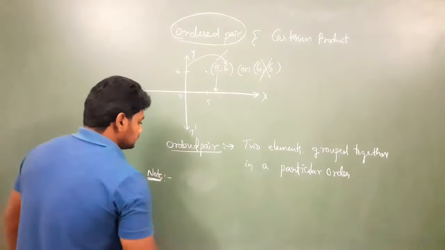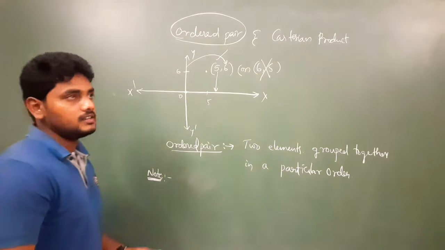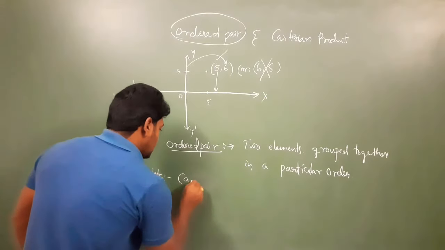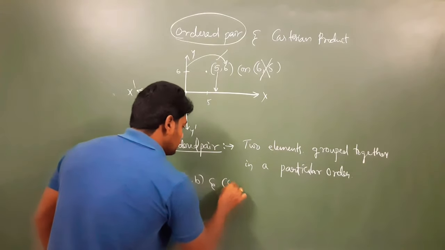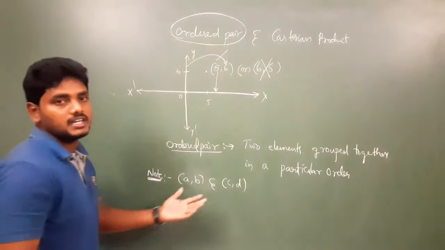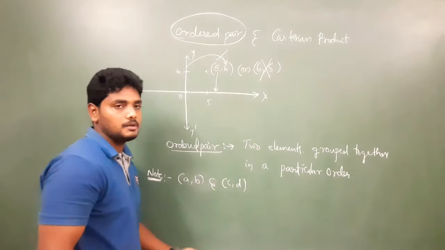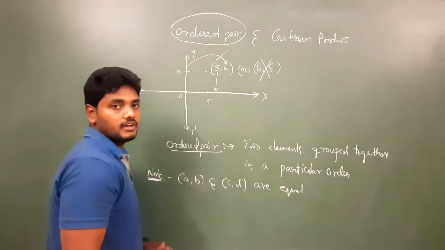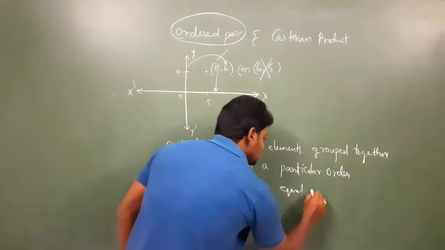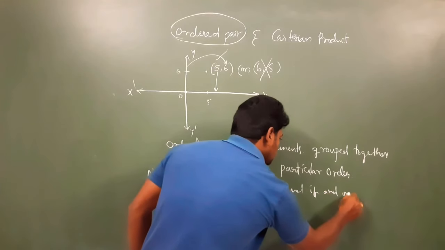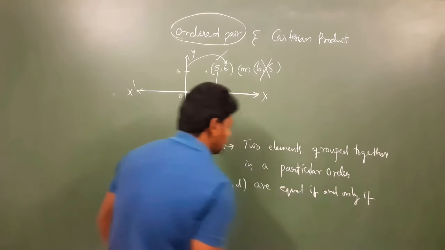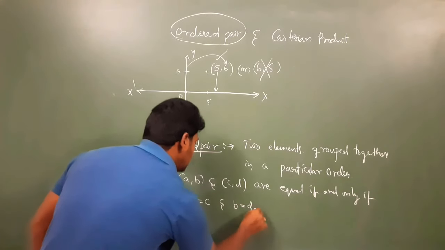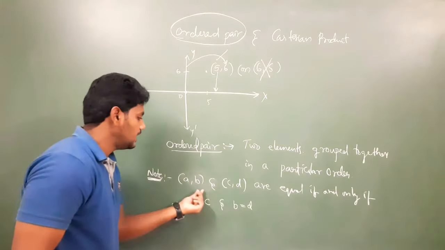Here one note point is there, you need to remember. When are two ordered pairs equal? Consider (a, b) and, for example, (c, d). So these are two ordered pairs. (a, b) and (c, d) are equal if and only if a equals c and b equals d.